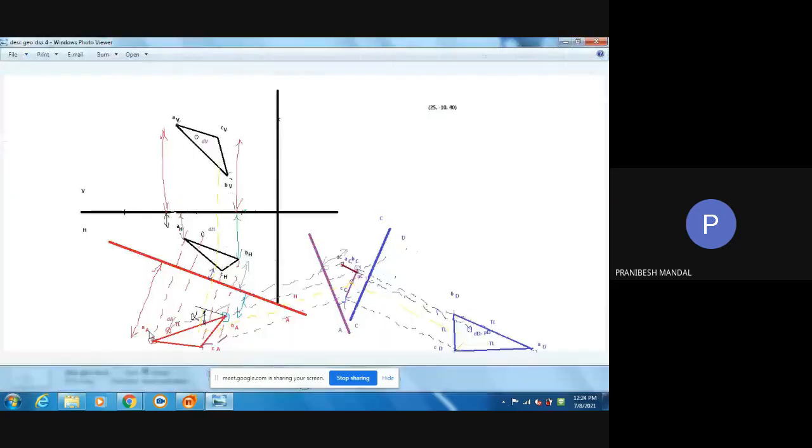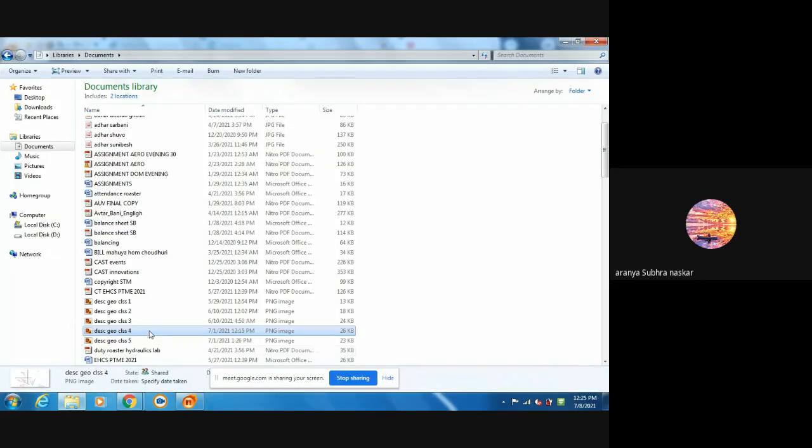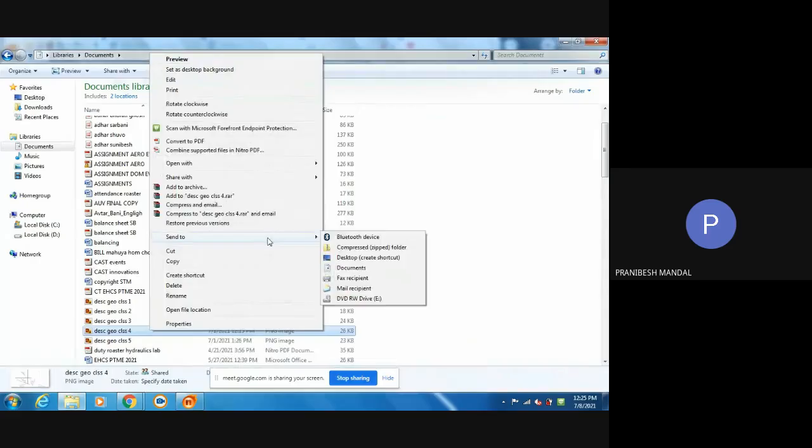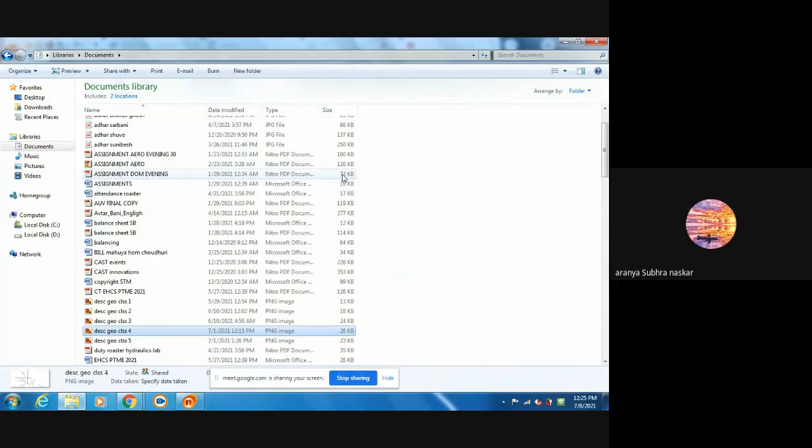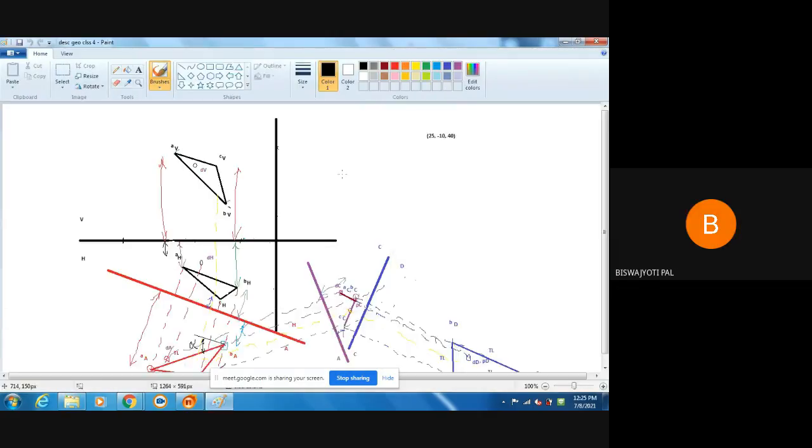Let's have two planes. We need to have two planes, right? Yes, sir. That is obvious.